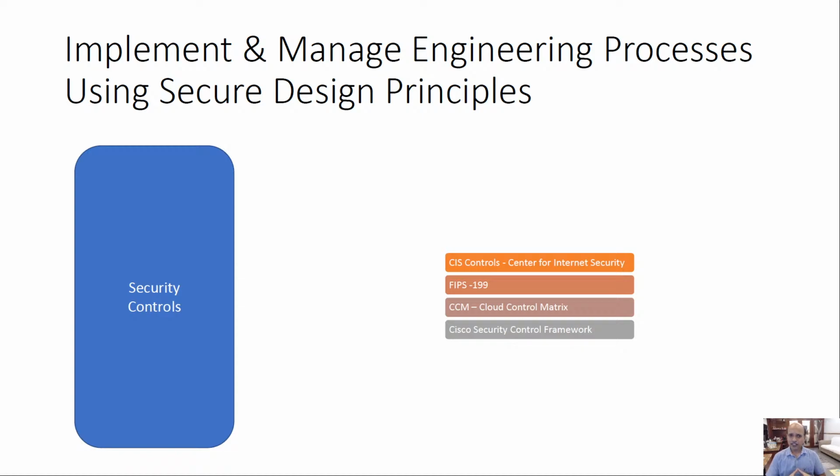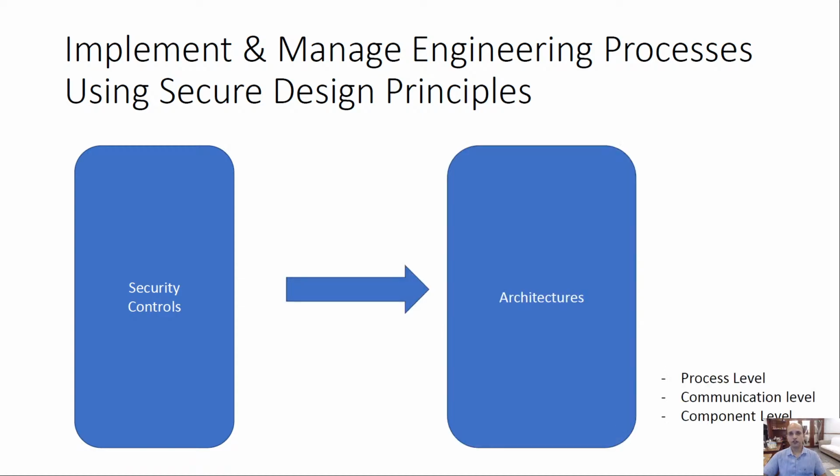Once we have all these security controls with us, when we combine them together, we reach the final security architecture. The security architecture is the design that describes how the security controls, or countermeasures, are positioned.